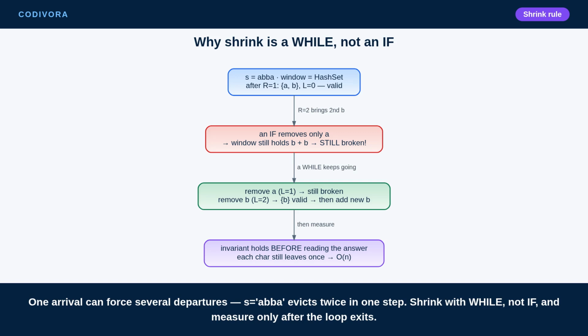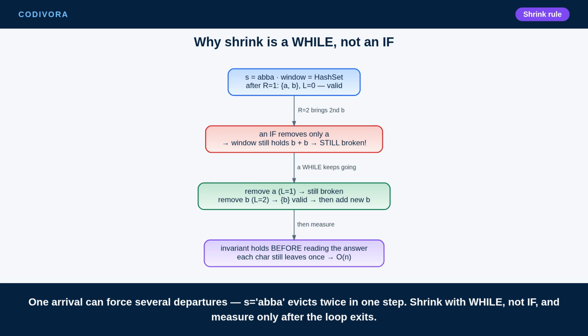Here is the bug that fails more interviews than any other on this pattern. When the incoming element breaks the window, you must shrink with a while loop, not a single if. Take the string A, B, B, A with a set window. At the second B, an if removes only the A, but the window still holds two B's, still broken.